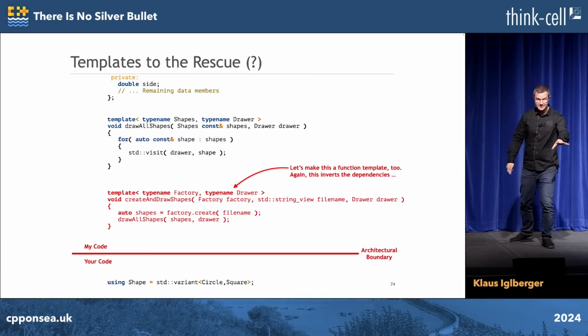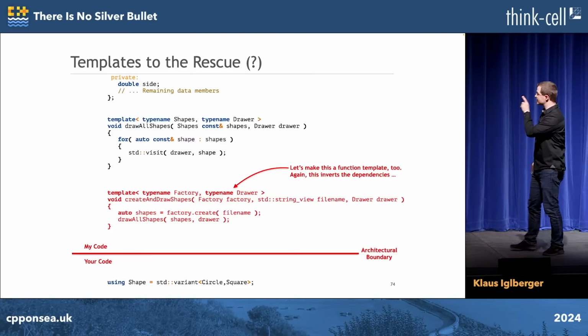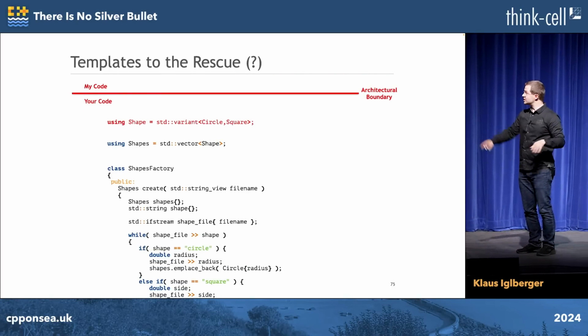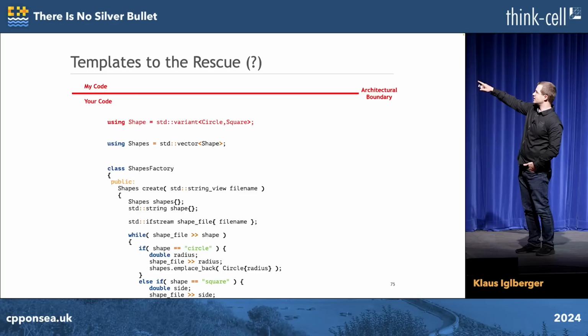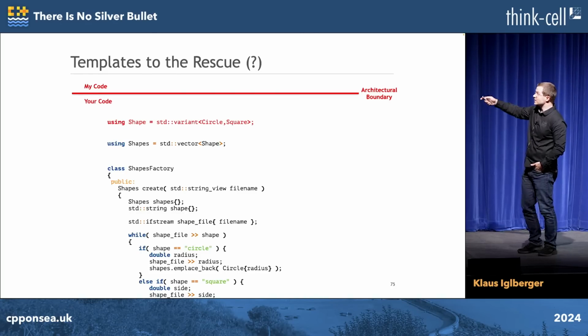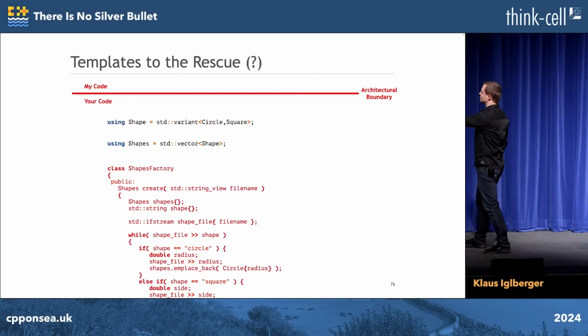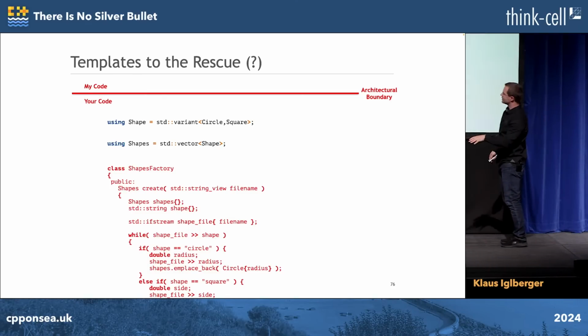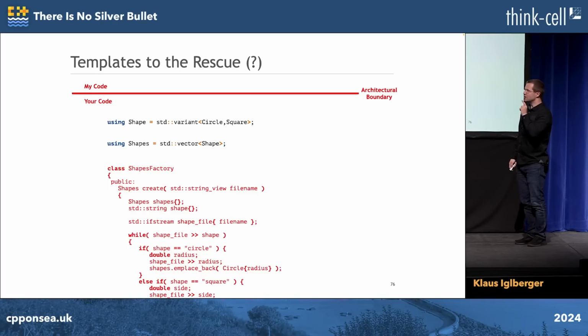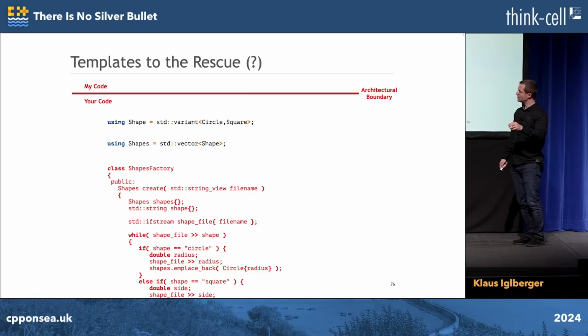And so with this, in your code, you can own all these abstractions. You can decide what you want to put in a variant. So shape is on your side, and so are all the other things like the shape factory, the GLDrawer, etc. This looks better. Now, you want a rectangle? You can add that.